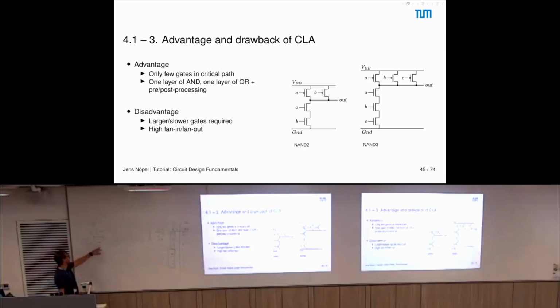As in an NMOS. So this means that a PMOS transistor has more resistance than an NMOS transistor. So, why is that an issue?